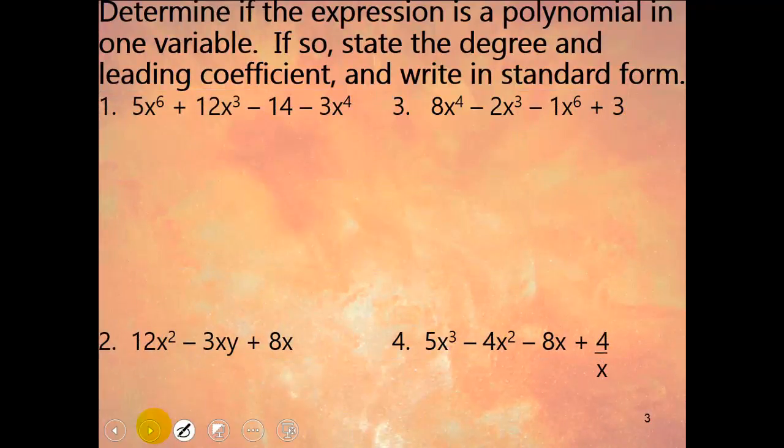Right, so let's take a couple of these and just go through some of the characteristics. Determine if the expression is a polynomial. If it is, state the degree, the leading coefficient, and write it in standard form. All right, so number one, we don't have any negative exponents, and we aren't dividing by a variable, so we are a function.